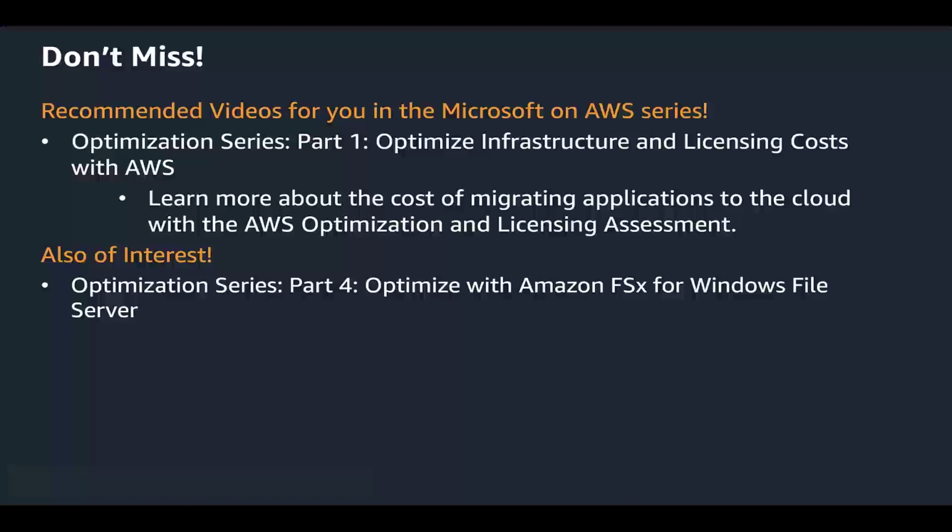Microsoft's licensing terms can be complex, and this video covers some of the considerations for optimizing your workloads and estimating costs. Also, Part 4 of the Optimization series covers Amazon FSx, which is a fully managed Windows-compatible network file share. You can set up an elastic network share without having to manage any server infrastructure.